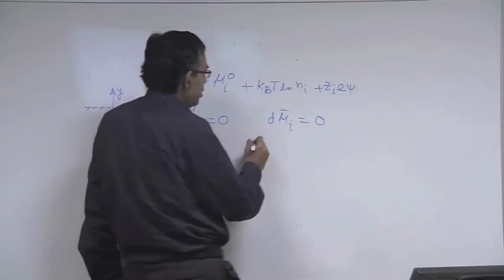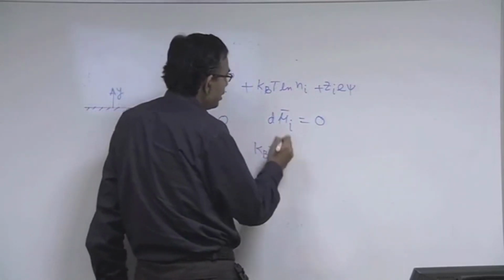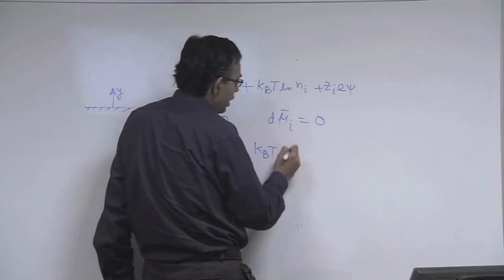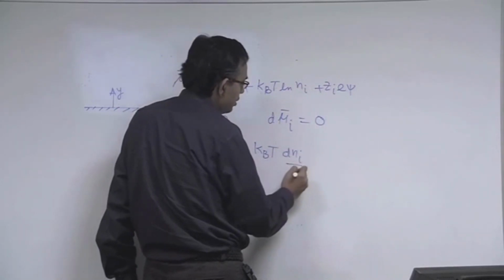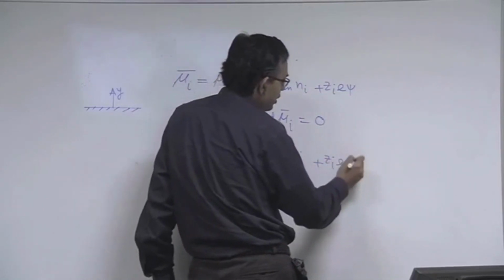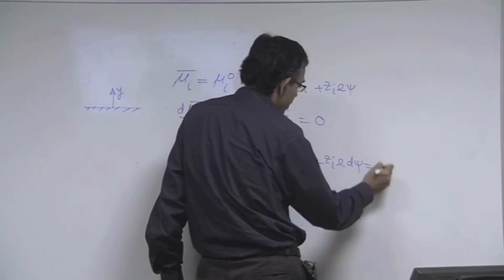So that means you can write kBT dNi by Ni plus Zi E d psi is equal to 0.